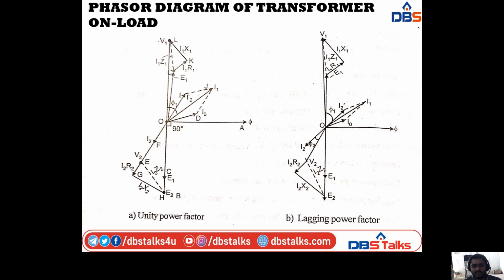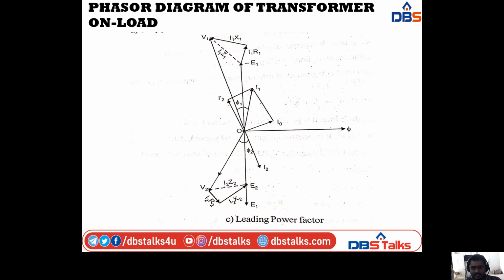In all three diagrams, the OB line is below the flux line.